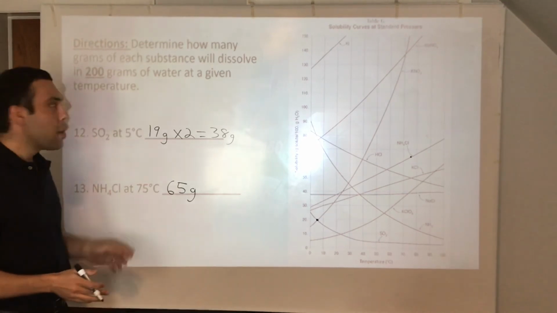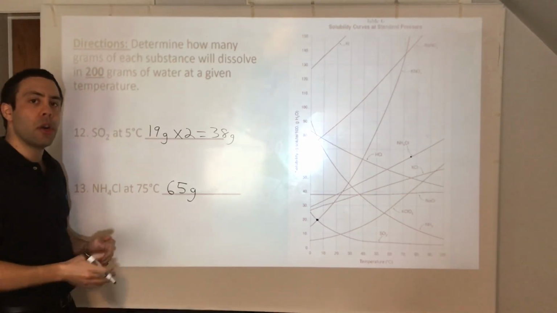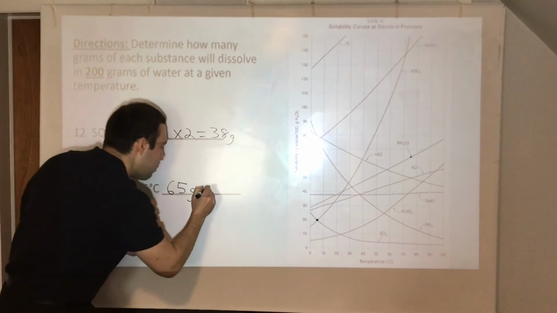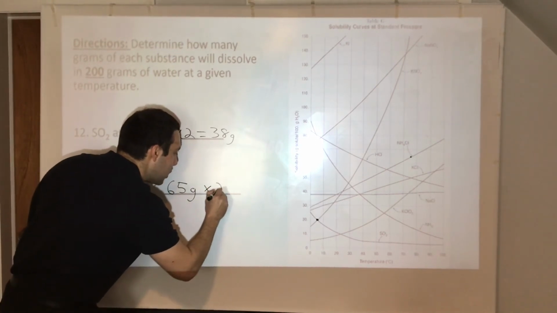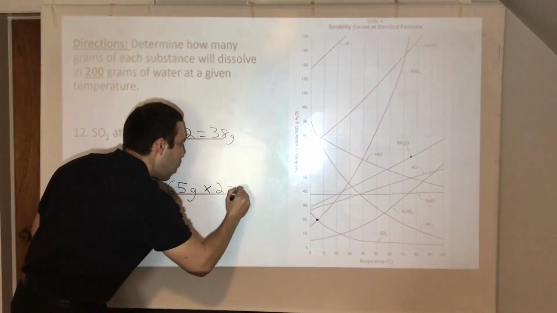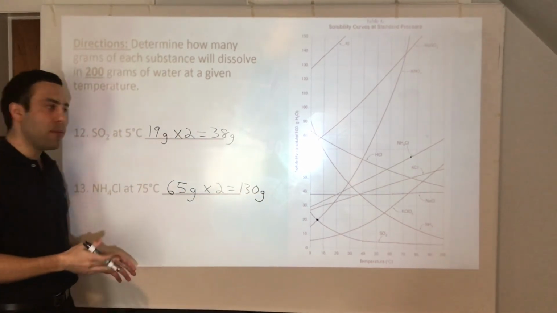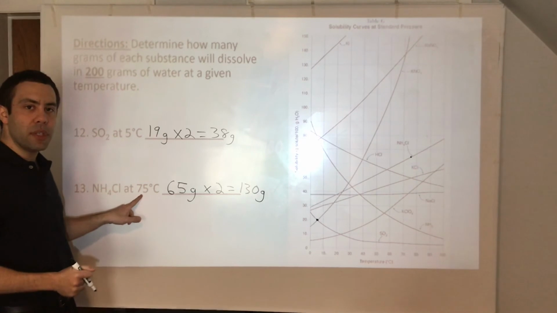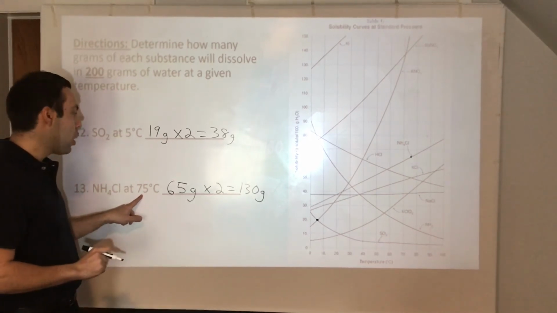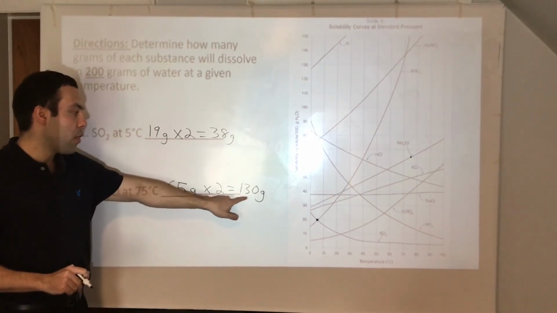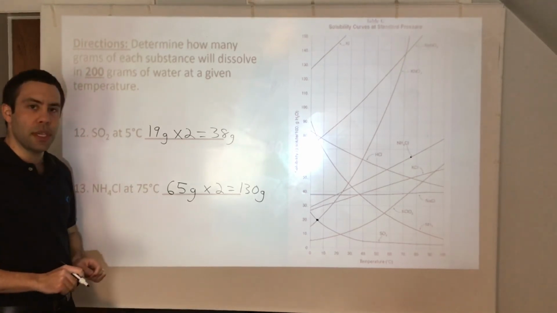But once again, we have 200 grams of water. So once again, we must double that number. 65 times 2 would be 130 grams. In 200 grams of water at 75 degrees Celsius, that water can hold 130 grams of NH4Cl.